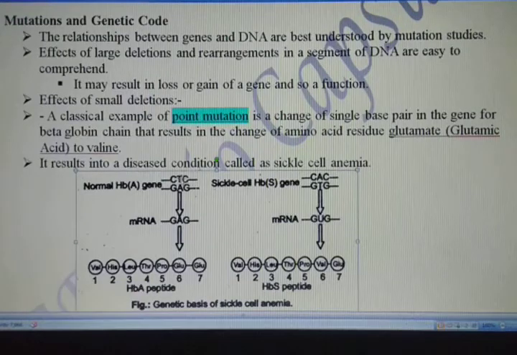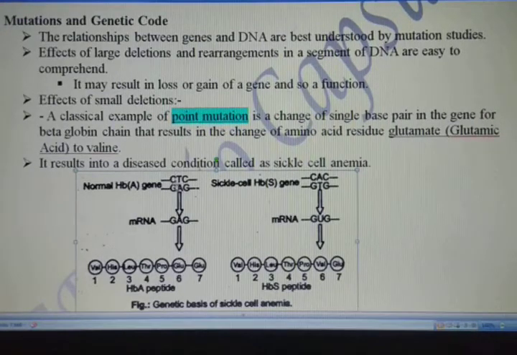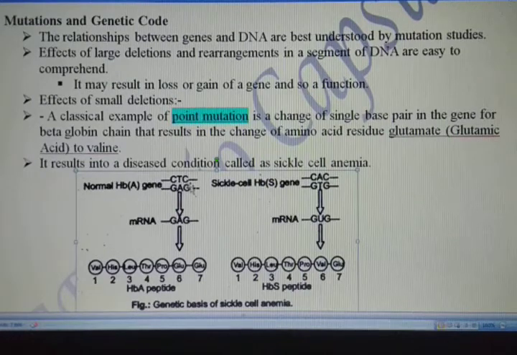Replacement has been done. CTC was on the DNA, and due to that on the RNA GAG has come. Opposite to C is G, opposite to T is A, and opposite to C is G. So GAG has come onto the mRNA, which codes for glutamic acid, or glutamate.